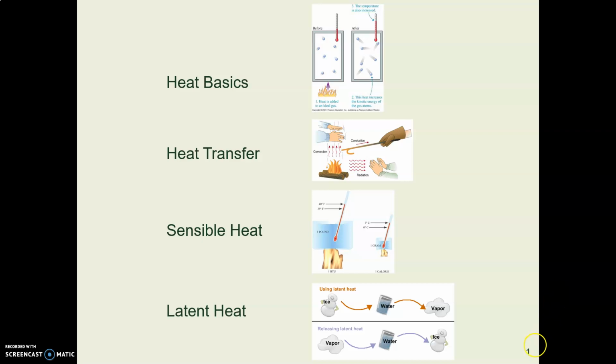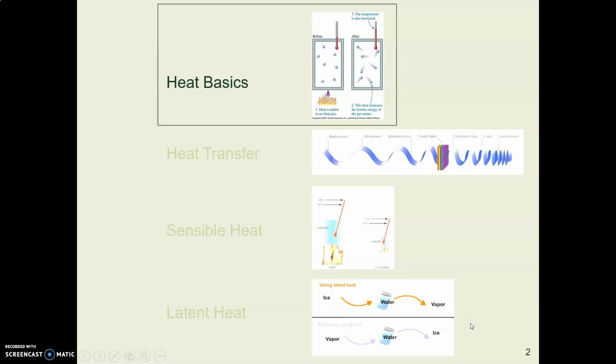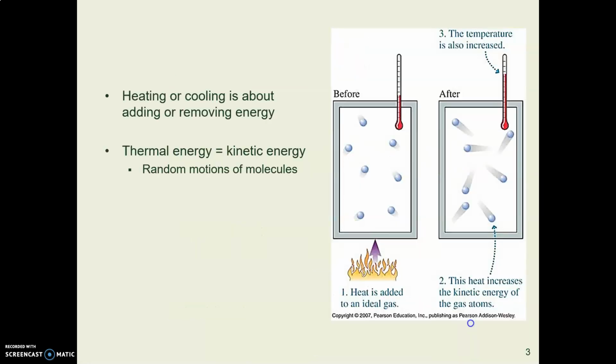In this short lecture, we're going to look at just the basic concepts about heat. As a physics concept, you might say. When we talk about heating or we talk about cooling, we are talking about adding or removing energy.